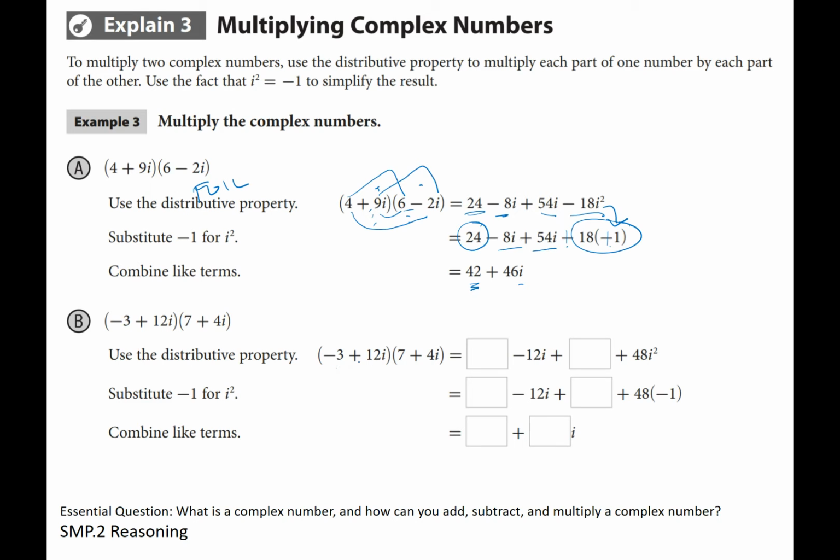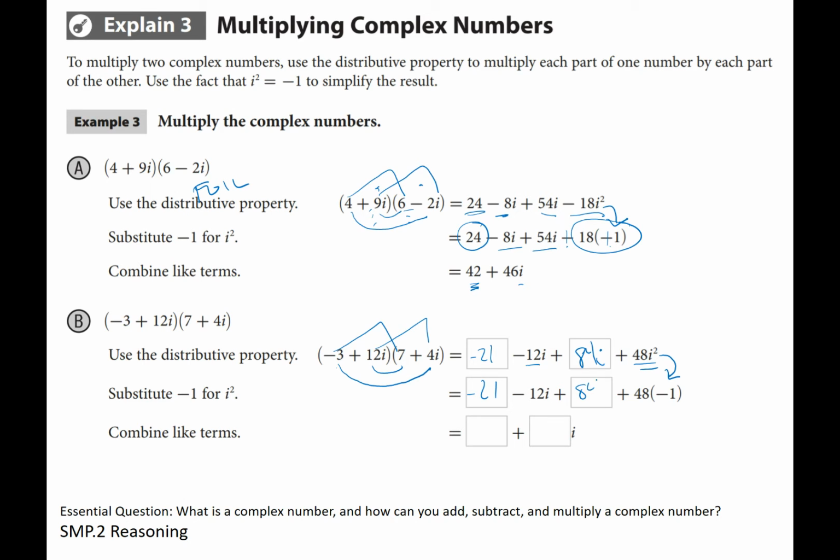So -3 times 7 is -21. -3 times 4i is -12i. 12i times 7 is 84i. And then 12i times 4i is 48i squared. Replace the i squared with the -1.